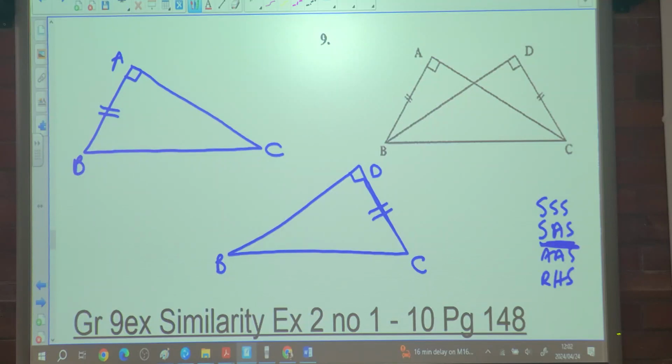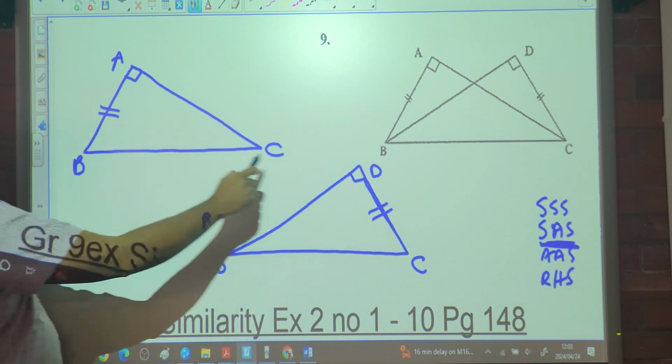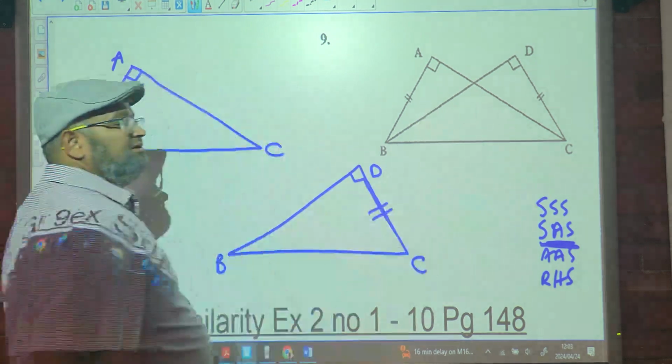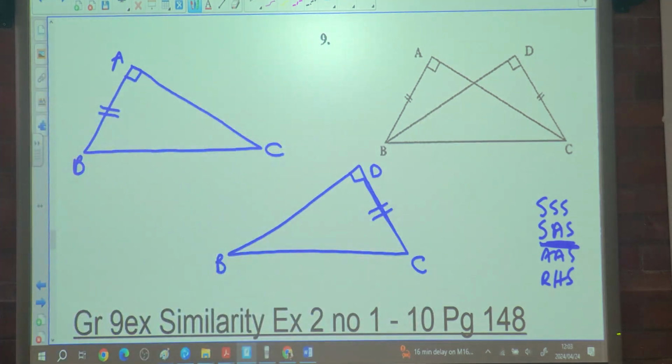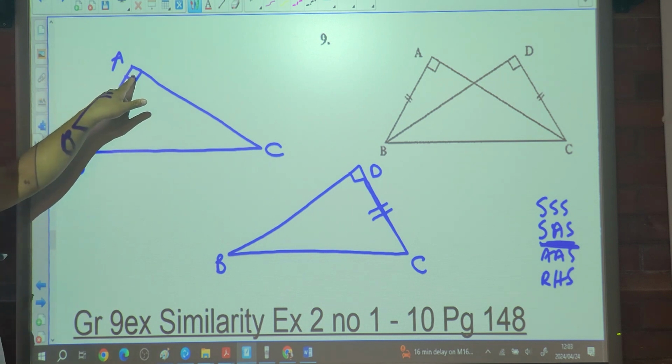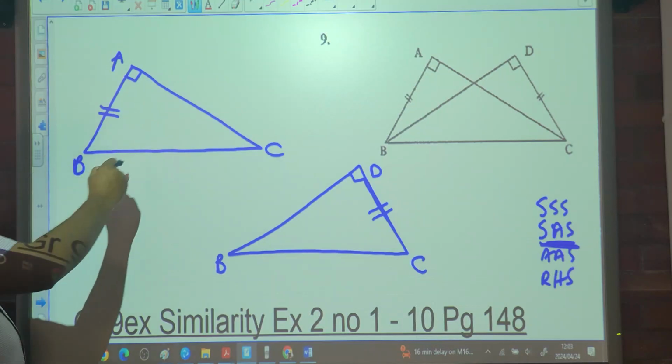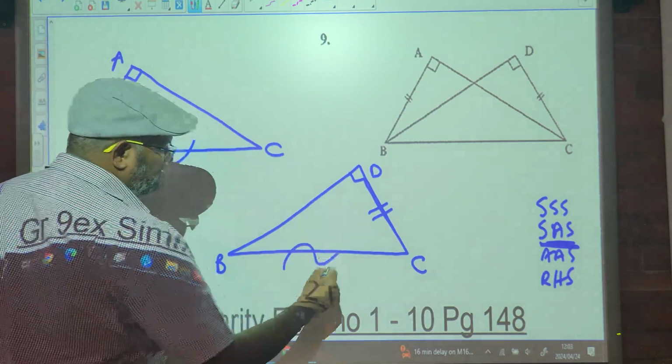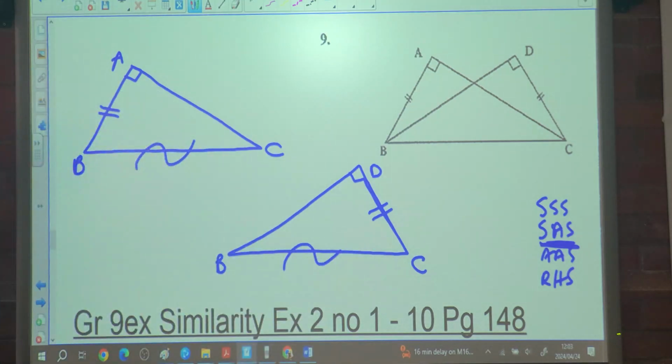Yes? It's a common side. Is BC not in both triangles? It's in both triangles. So what case of congruency is that? Why RHS? I'm using the right angle, I'm using the hypotenuse, and I'm using a side. That's the case of RHS.